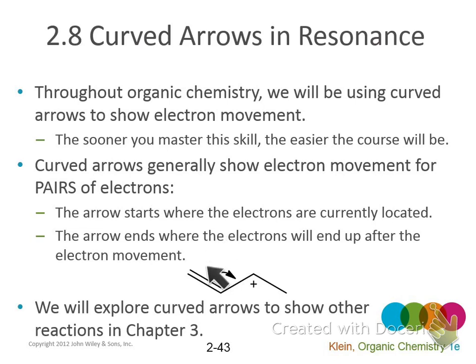This illustration down here shows you how the curved arrow works. The arrow starts, that's the important thing, where the electrons currently are located. And then the arrow ends where the electrons will end up. Not in space, but either on a bond or on an atom.